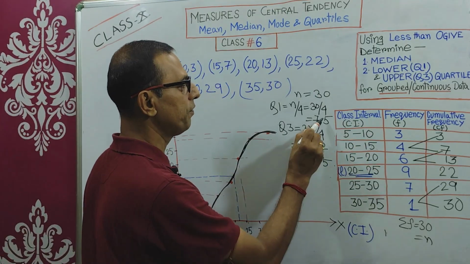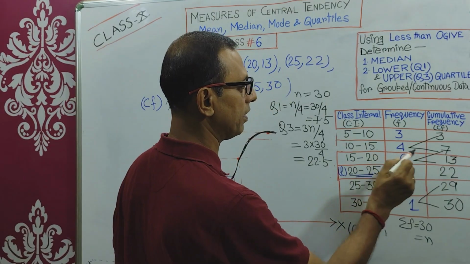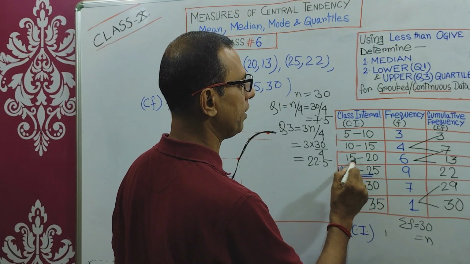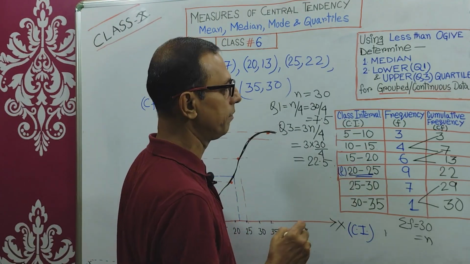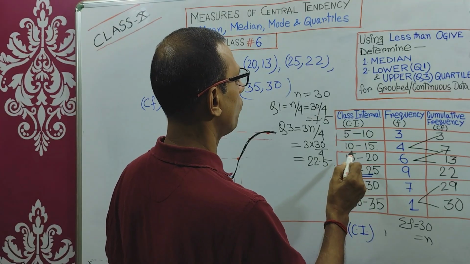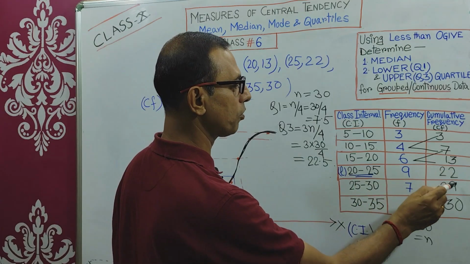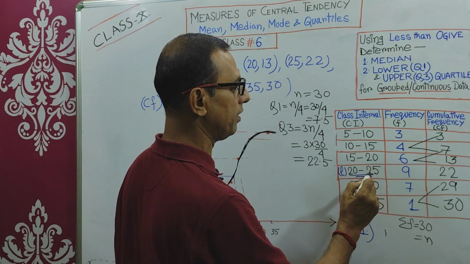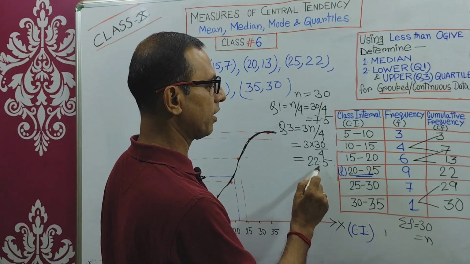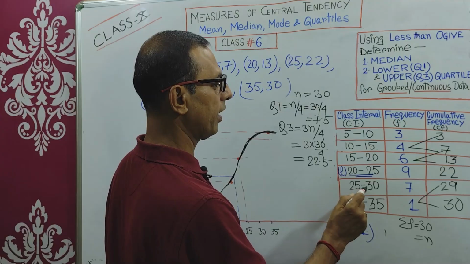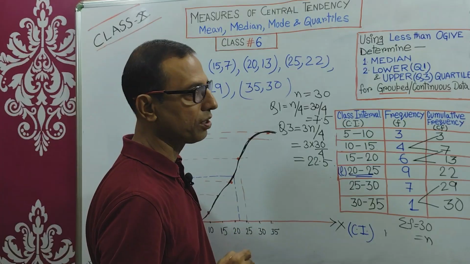If Q1 is 7.5, that means it will belong to 10 to 15, or rather 15 to 20, so it should be near 15, right? And Q3 is 22.5, that means it will belong to the range 22 to 25; 22.5 will be under the class interval 25 to 30, the actual Q3 value, right?